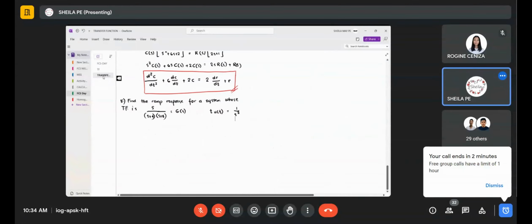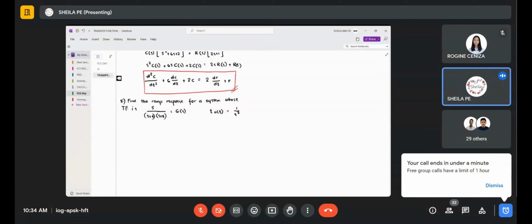So given our G(s) for this one, we need to find our ramp response, which should be in the form c(t), but we don't have c(t) yet.